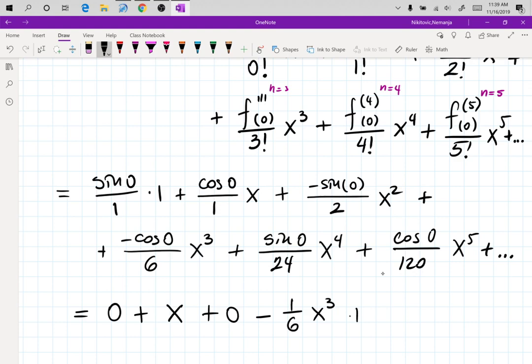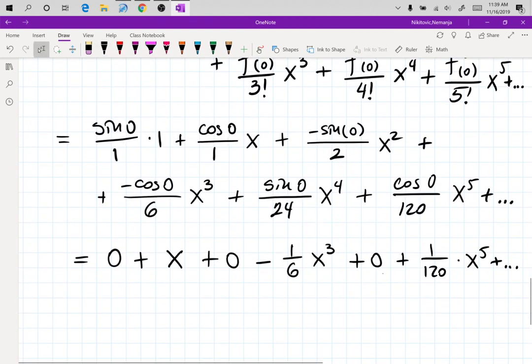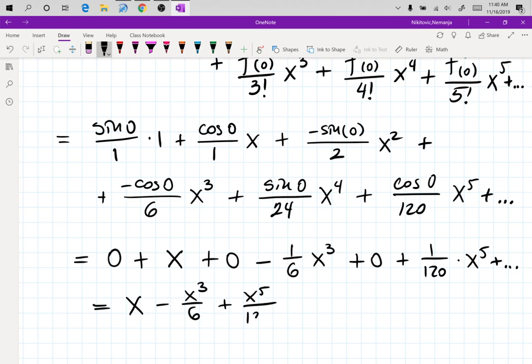Then we have sine of 0 is 0, so that's a 0. Then we have plus 1 over 120 times x to the 5 plus dot, dot, dot. When you get rid of all of the zeros, you get x minus x cubed over 6 plus x to the 5 over 120 plus dot, dot, dot.